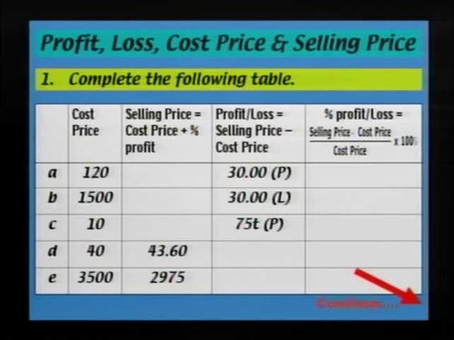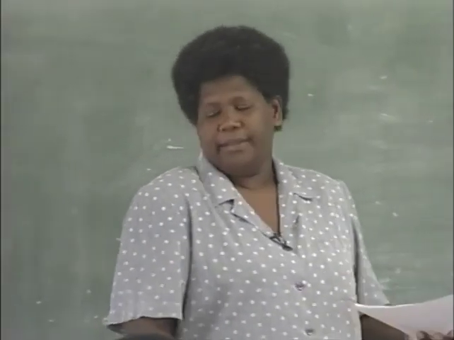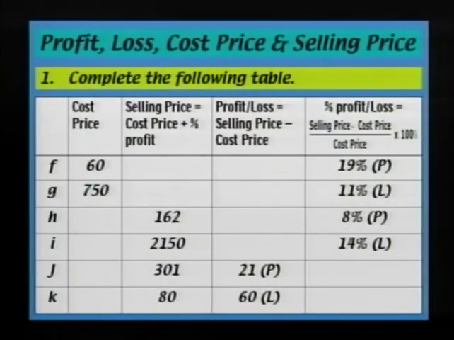Okay. All right, letter F. Kila. Selling price is 71 kina 40. Profit 11 kina 40. And profit percentage is 19%.